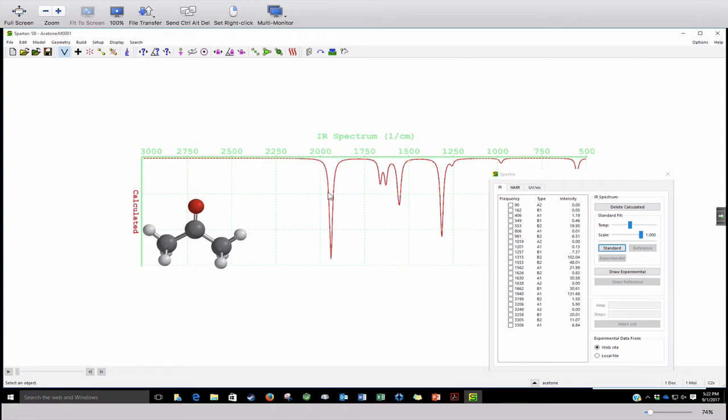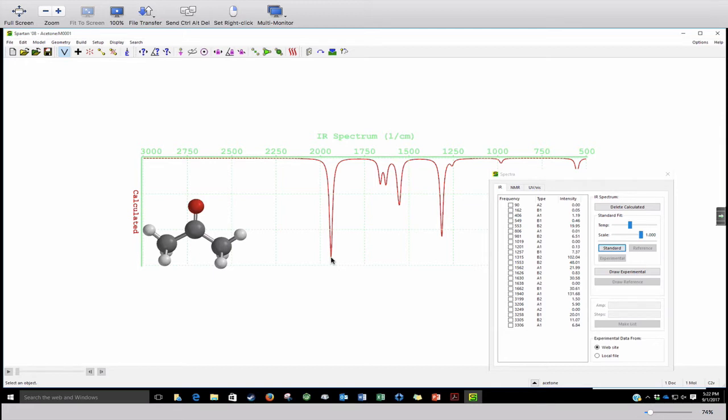So for example, you see this really strong stretch at just under 2,000. So it's between the 1500 and 2000. So it's an sp2 hybridized carbon that's actually the carbonyl, right? And if we click on that, it'll show you what the stretching actually looks like that gives rise to this stretch. If I can get it clicked on, I'm doing this through.